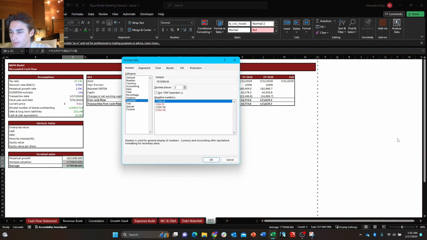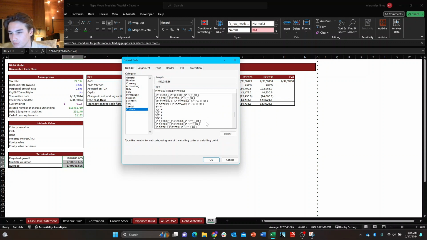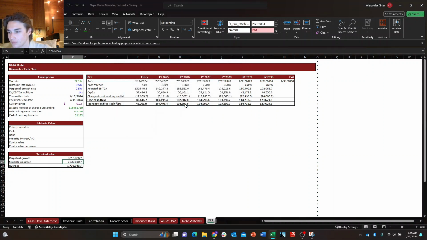Format these. Excellent. Now, from here, what we want to do is take this here, and then we're going to put our terminal value here. So you can do exit/TV.